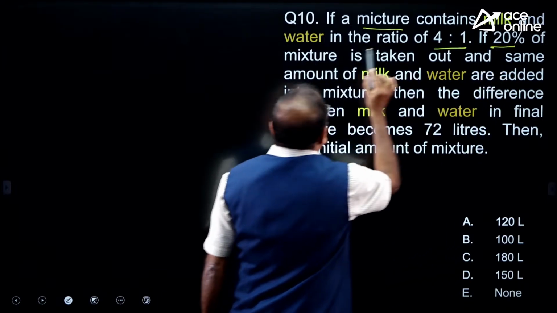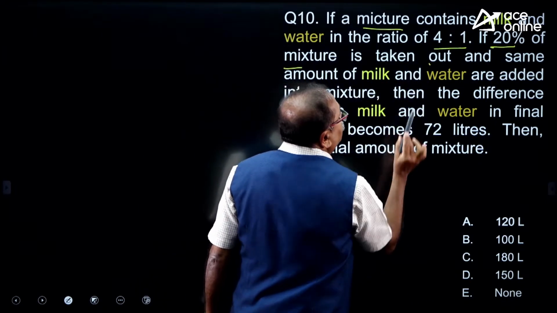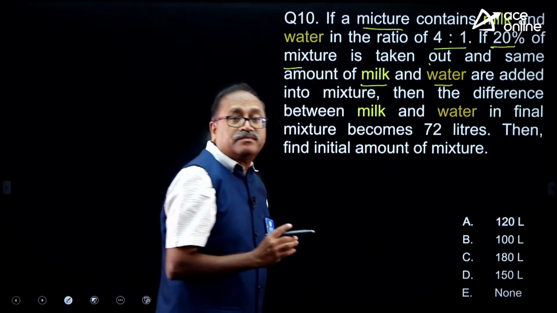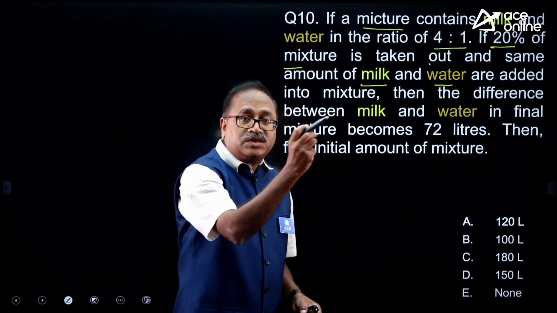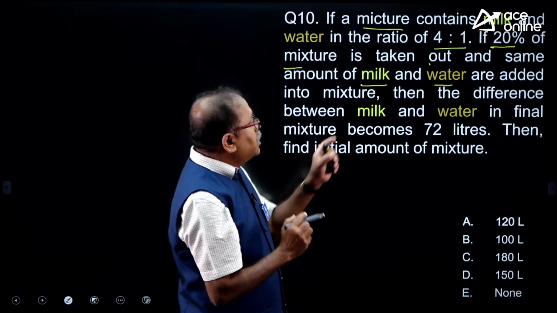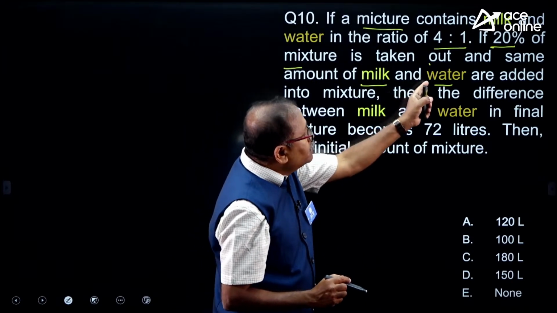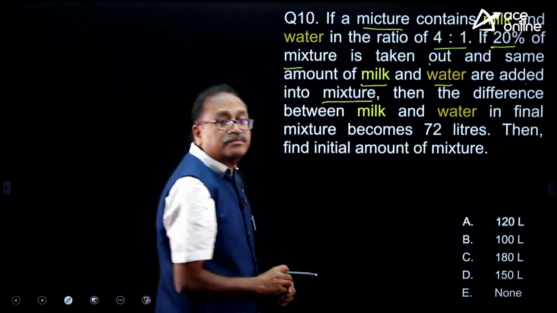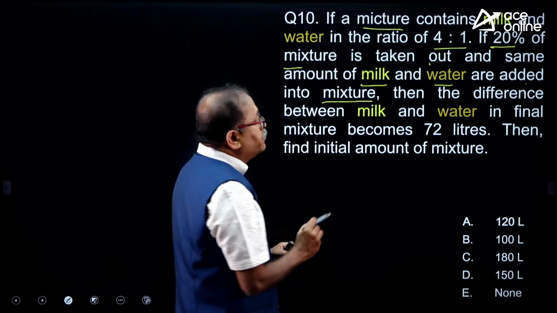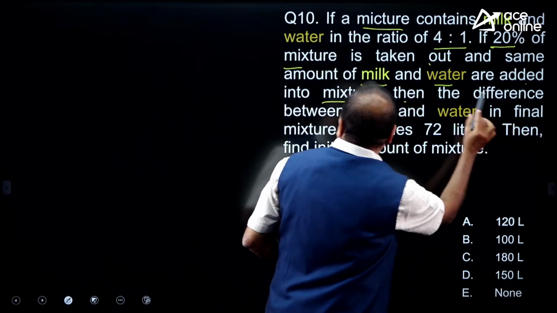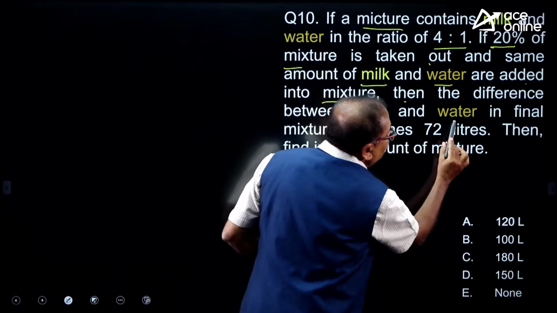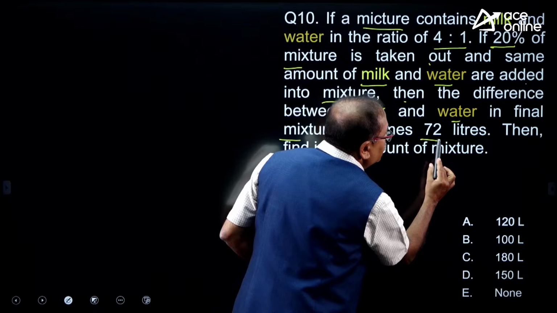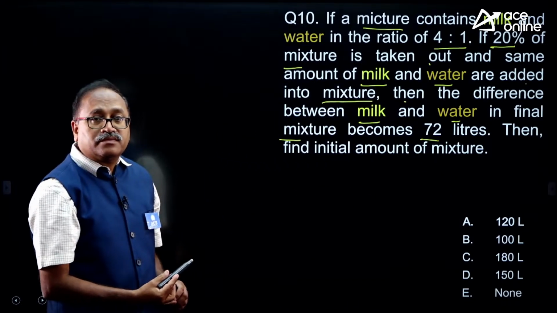If 20% of the mixture is taken out, and the same amount of milk and the same amount of water is added into the mixture, an equation will be framed. Then the difference between the milk and water in the final mixture becomes 72 liters. Difference.